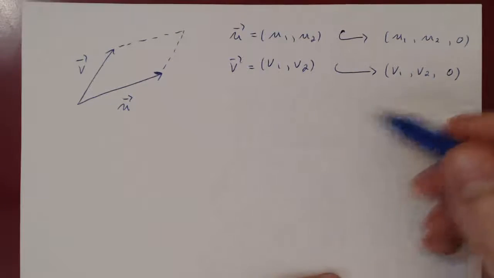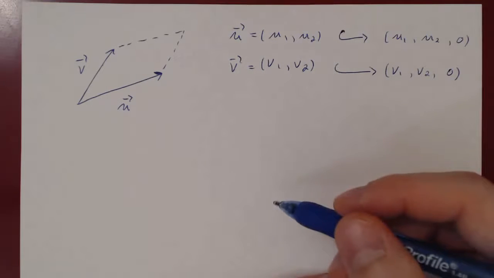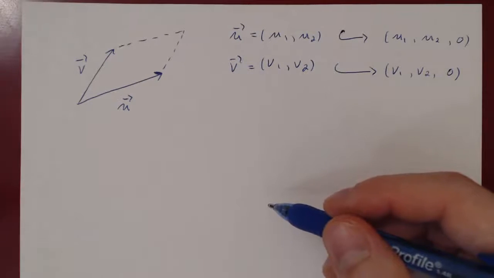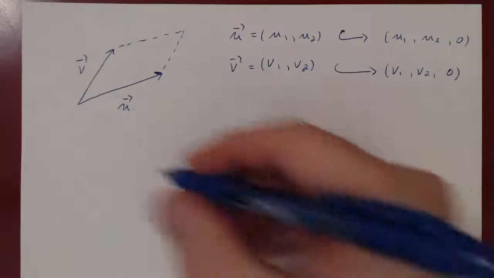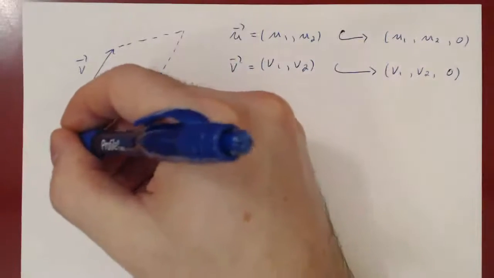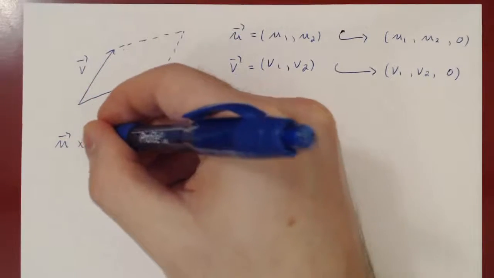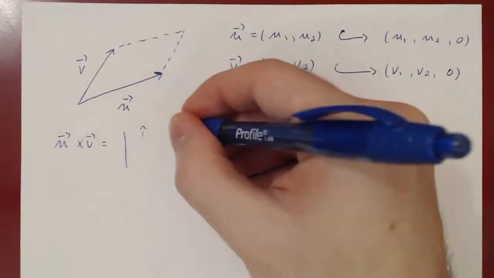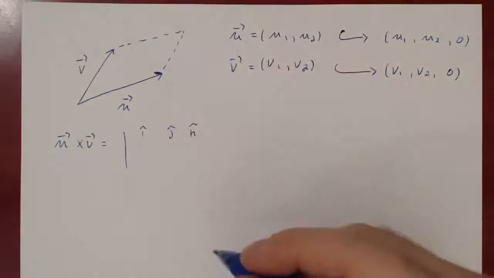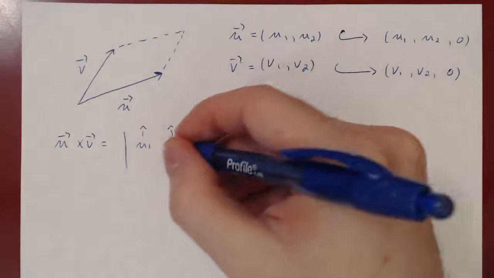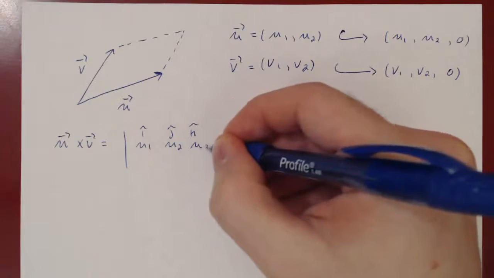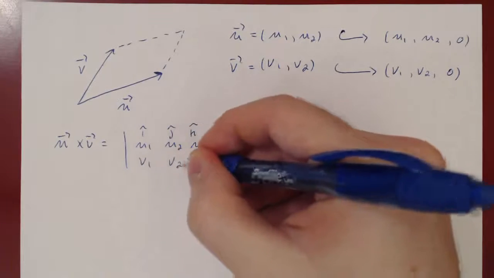We will find u cross v, and then find the norm of the vector, and hopefully what comes out will be quite simple. So, u cross v: i, j, k, u1, u2, u3, v1, v2, v3.